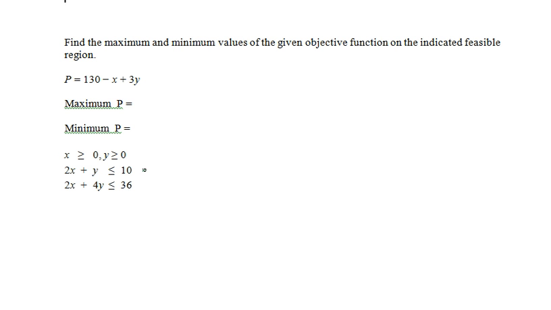So first of all, I'm going to rewrite the last two constraints so that the y is isolated. I'm going to get y is less than or equal to negative 2x plus 10, and y is less than or equal to negative 1/2 x plus 9, because I'm going to divide the negative 2 by 4 and 36 when I divide by 4.